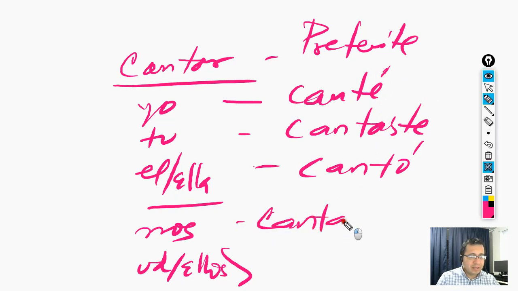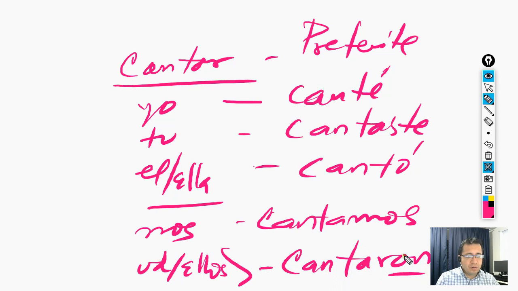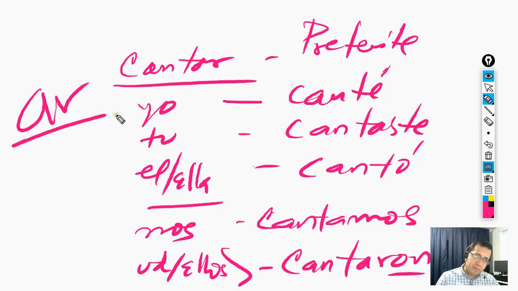Nosotros cantamos. It's the same format as in present tense. Ustedes y ellos cantaron. So it's a little bit different this time. But the formula pretty much applies to almost every single verb that finishes in AR. So if it is in first person, it's going to sound like é. So if it's trabajar, trabajé.